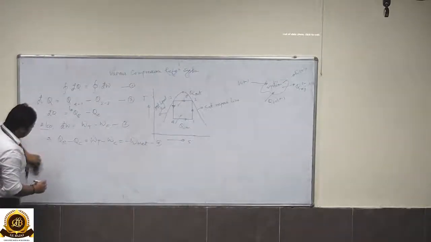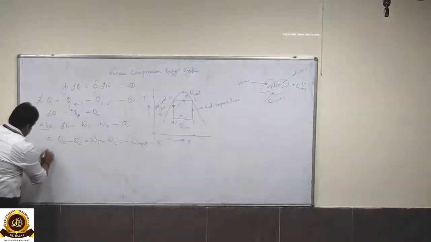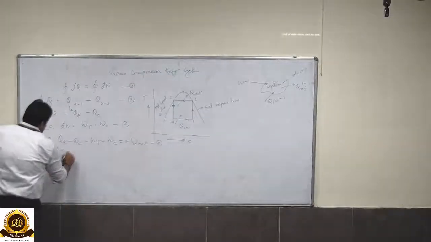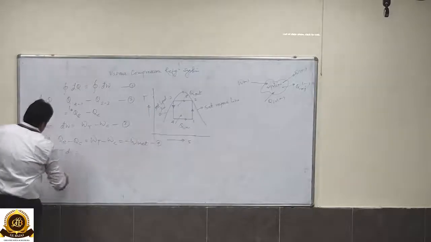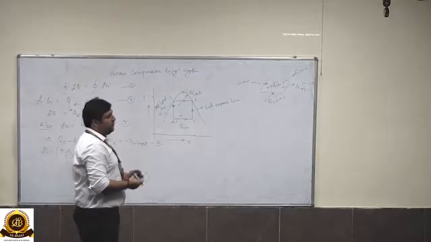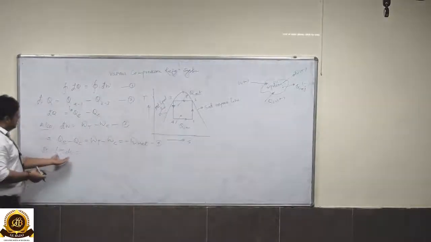From the second law of thermodynamics, we know that heat transfer is equal to the integral of TdS, that is, if heat is being rejected or added, we can always represent it in terms of temperature and entropy change.